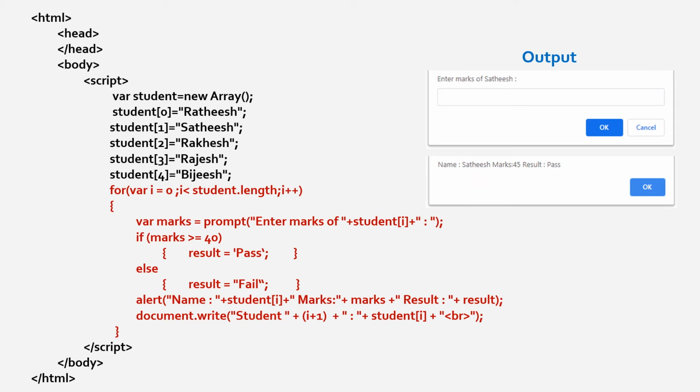Enter the marks of Satish, marks will be accepted, the result will be assigned, and that will be printed. Again it keeps on incrementing like that, till in the last case it will check 5 less than 5. At that time the condition fails, so it will come out of the loop. This is about the for loop.